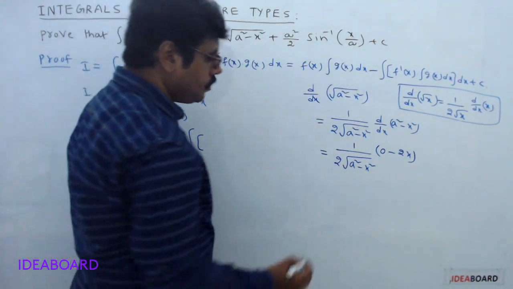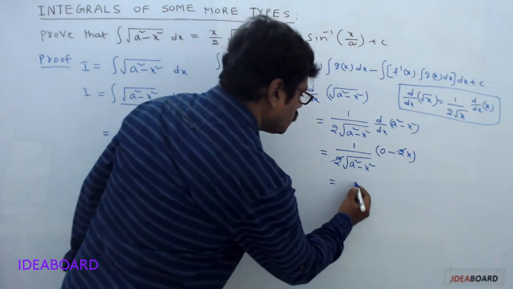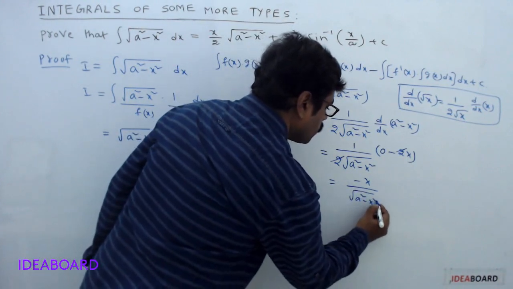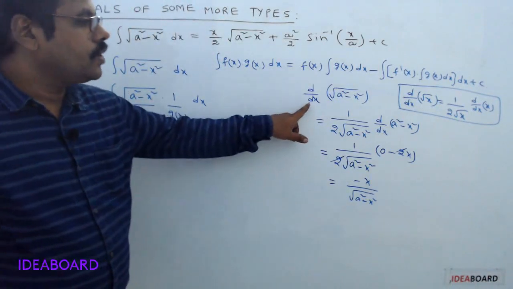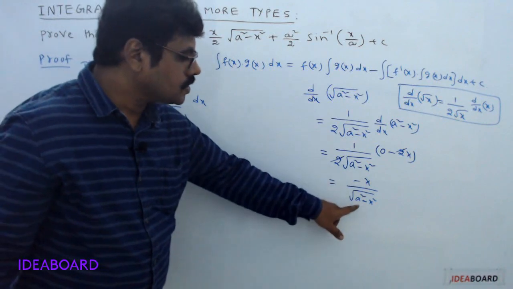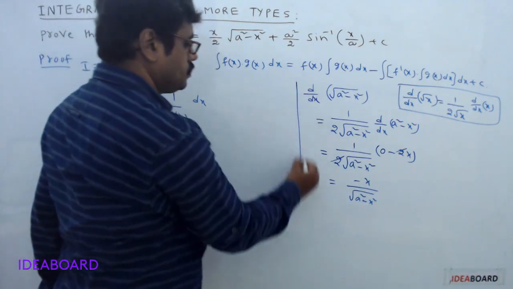Now see the cancellation. Constant term 2 will be cancelled. It is minus x divided by root of a square minus x square. So the derivative of root of a square minus x square is minus x divided by root of a square minus x square.